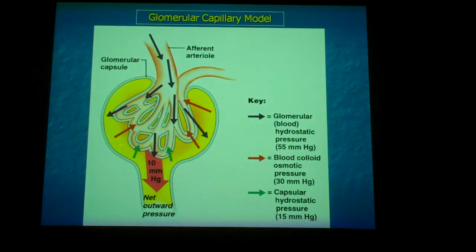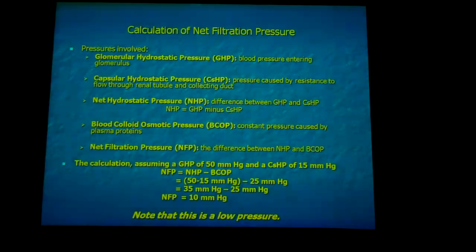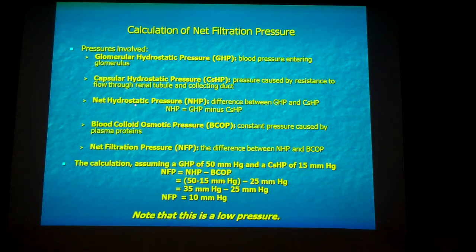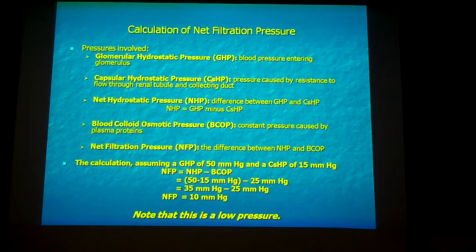So this fluid that is accumulating in here, if you look at your green arrow, it's pushing back against the glomerular hydrostatic pressure that's filtering the blood. All right, so our net hydrostatic pressure is going to be this minus this.